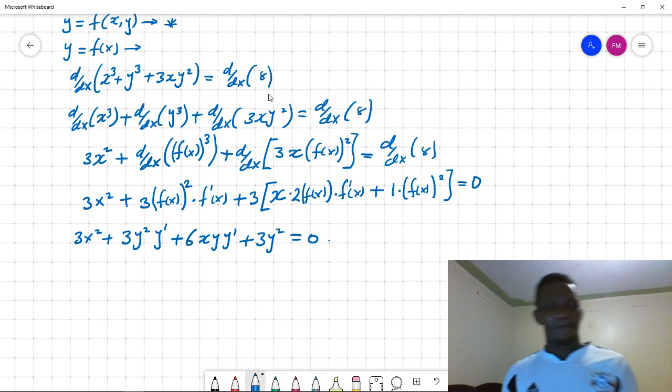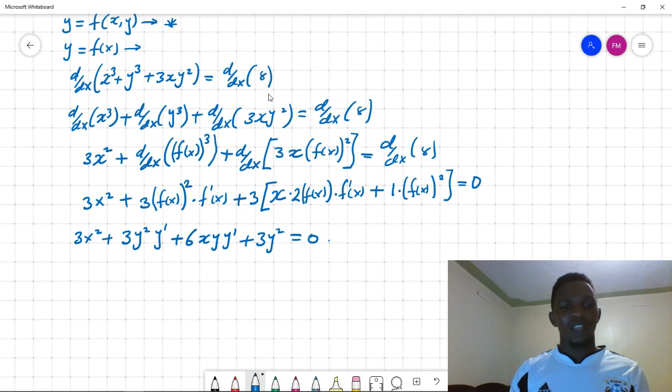Good. So at this point, you need to realize that our interest is to find y prime, because we are looking for dy/dx, which is the same as y prime. So we put the terms with y prime on one side and we take the terms without the y prime on the other side.